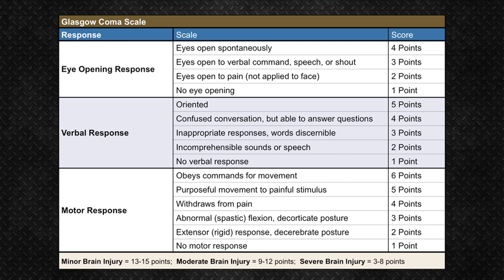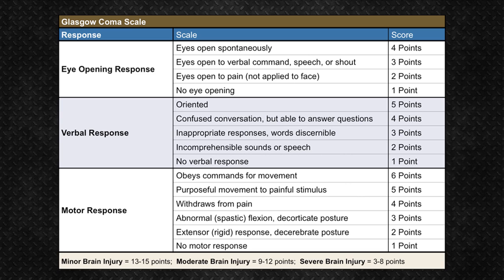For 3 points, that would be when you ask them what year it is and they give you an inappropriate response, something that's real words but they don't fit the scenario or the question. What year is it? Texas. Texas is a real word, but that is not an appropriate response to that question. So confused but appropriate words, 4 points.